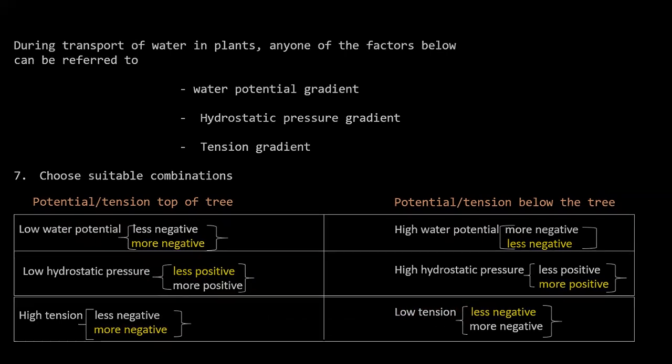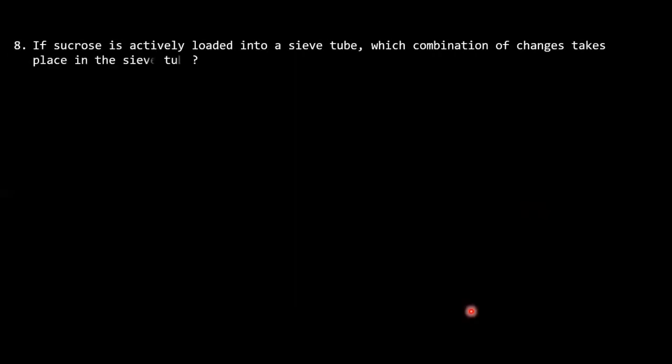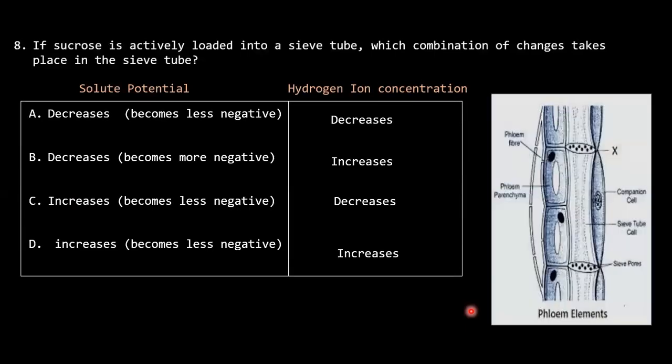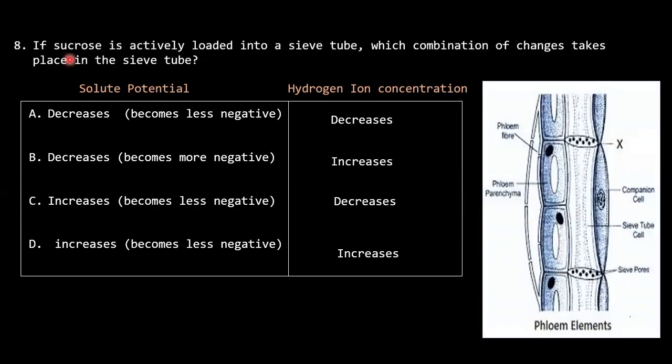Now we'll get to our last question, which is on phloem. Here's the question: if sucrose is actively loaded into the sieve tube, which combination of changes takes place in the sieve tube? As sucrose is loaded into the sieve tube, let's look at the phloem.